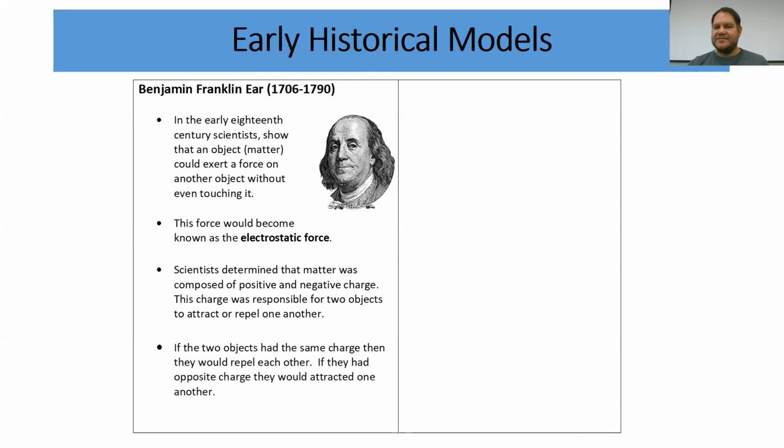Well, they began to notice that there seemed to be some kind of force that existed besides gravity. Now, gravity is going to be the prevailing force, that objects tend to attract one another based on their masses.